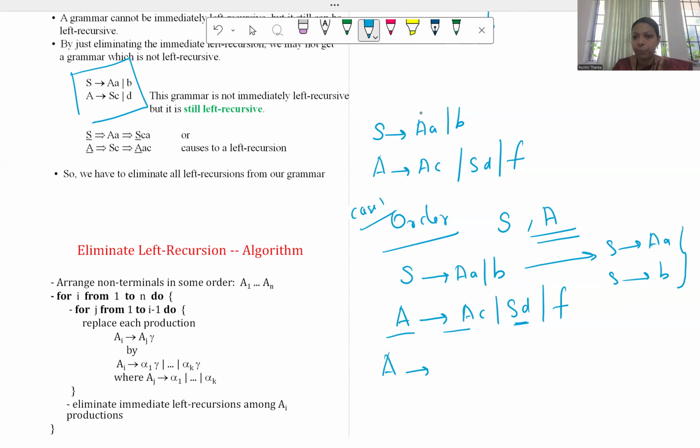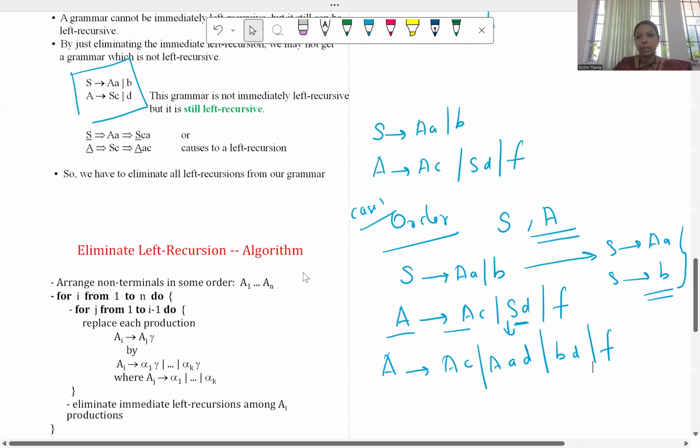A becomes AC. Instead of this S, I'm going to write A, then D, and also B, D, and F. This one I have written as it is. This S is now replaced by A, then this D, and this S can also be written as B, then this D and this F.